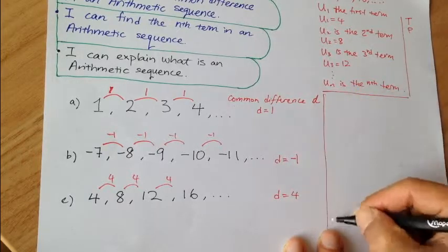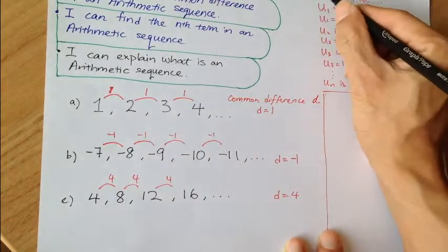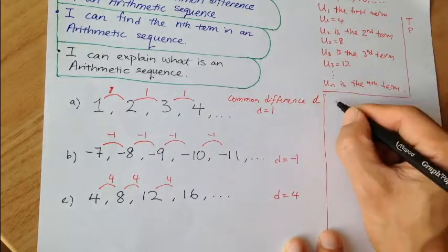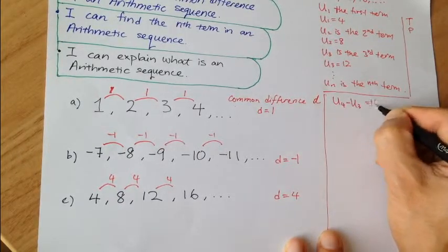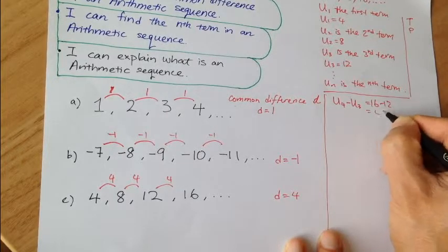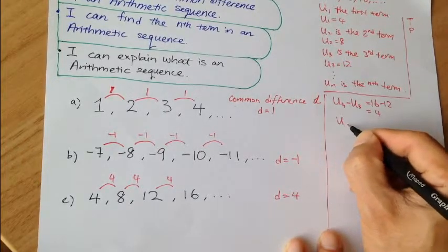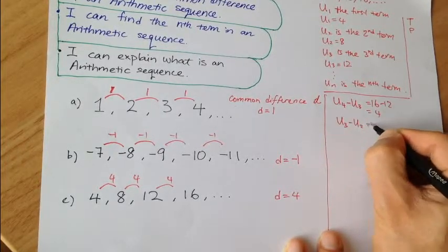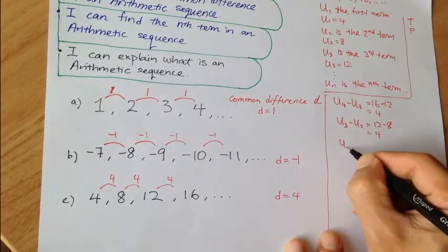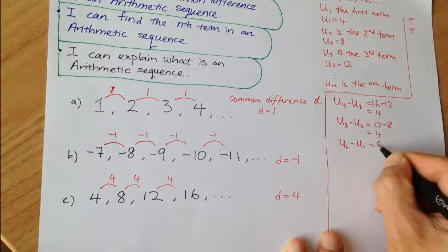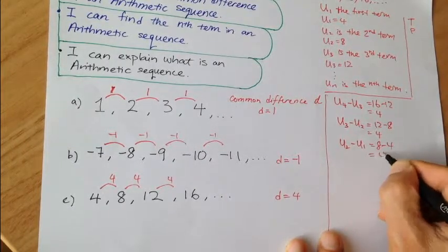If you look at example C again, U4 minus U3, that is 16 minus 12, is 4. We also find that U3 minus U2, that's 12 minus 8, is 4. And U2 minus U1, which is 8 minus 4, is also 4.